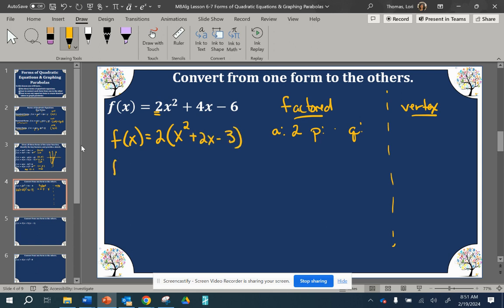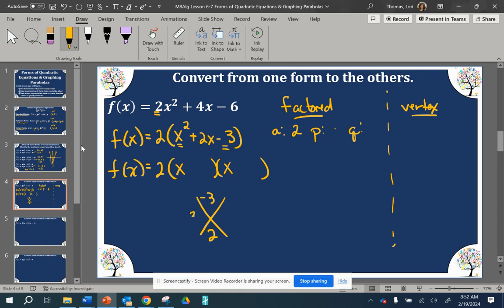And now we're going to factor this quadratic trinomial. We have a leading coefficient of 1 now, so we can simply factor x squared into x times x, and now we need to factor -3 into two factors that add up to our middle term, our b value of 2.